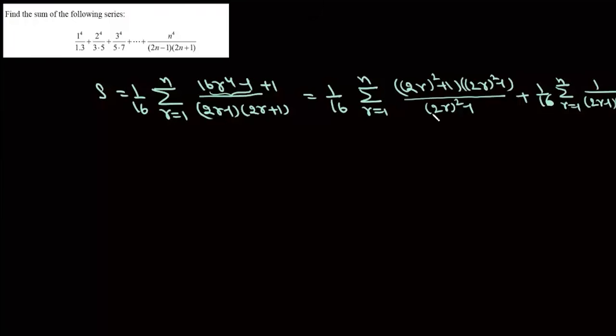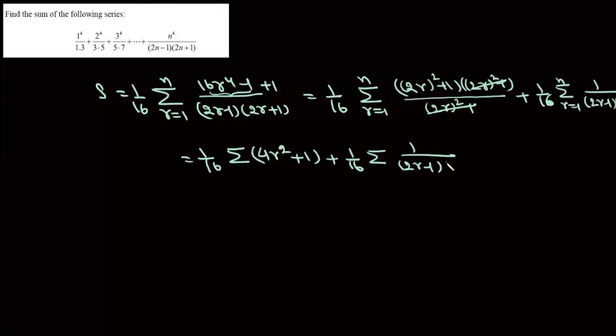Now here 2r square minus 1 will cancel. So we'll get this as 1 by 16 summation of (4r square plus 1), plus 1 by 16 summation of 1 upon (2r minus 1) into (2r plus 1), where r varies from 1 to n.